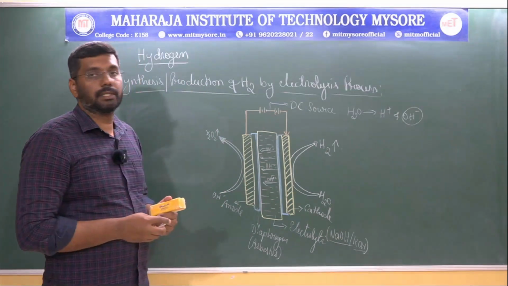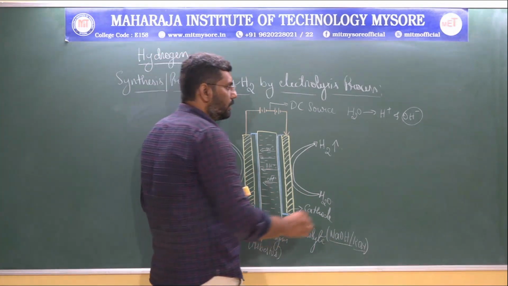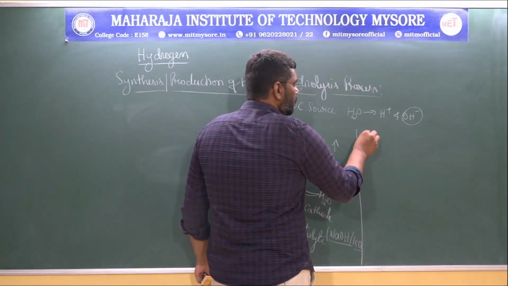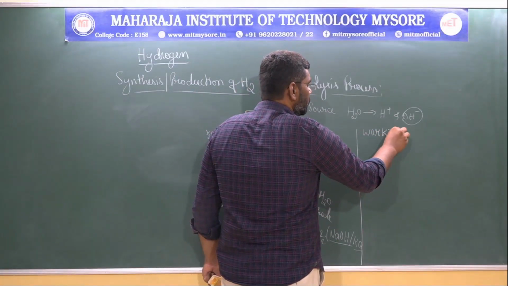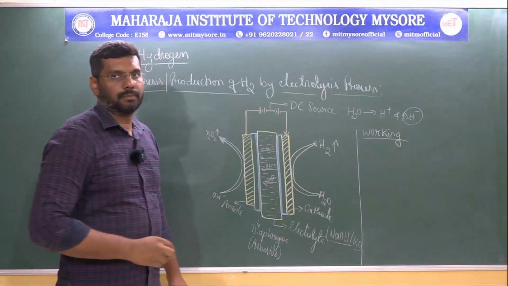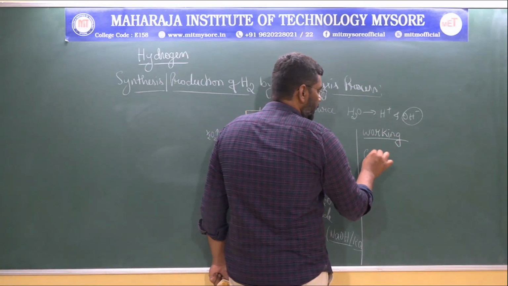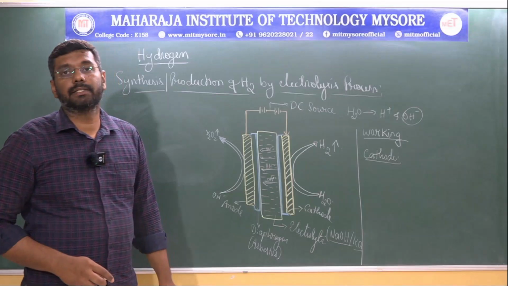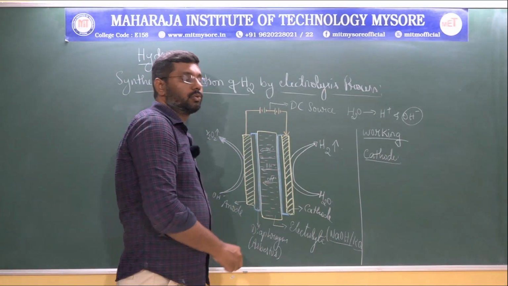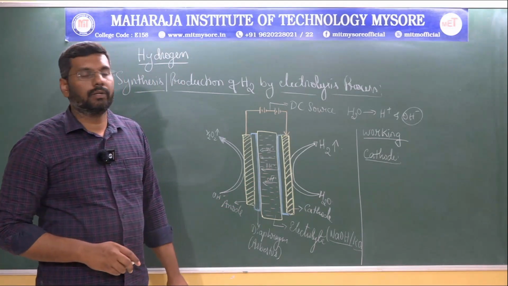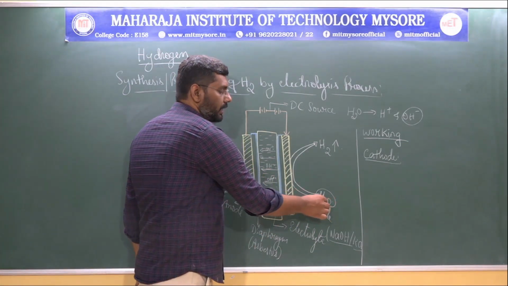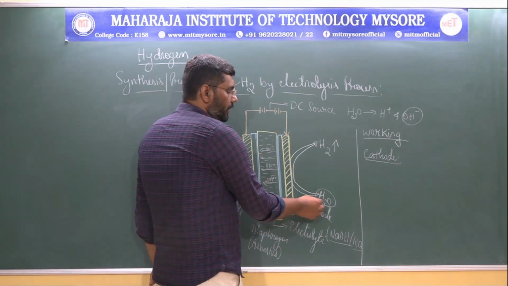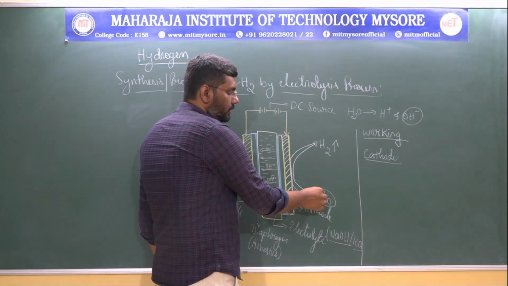Now we shall discuss the working. In the working of the alkaline electrolysis process, at the cathode we first consider the cathodic reaction, because we are passing electricity from the DC source, that is the outside source, towards the cathode, where we are feeding water molecules. The water molecule undergoes dissociation, that is, the electrolysis process takes place.